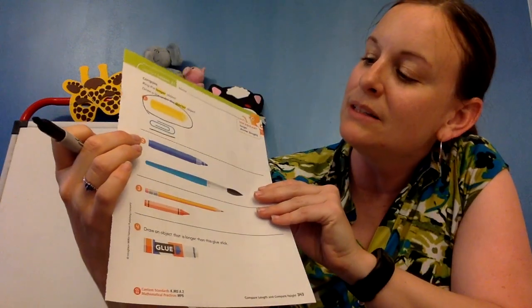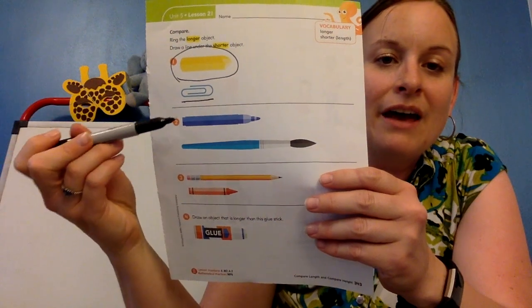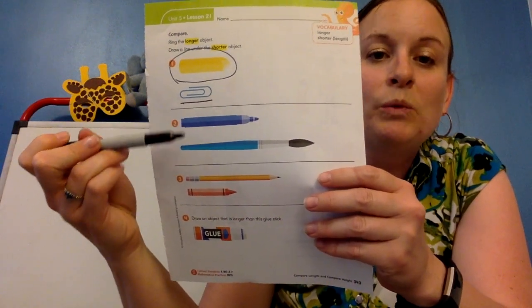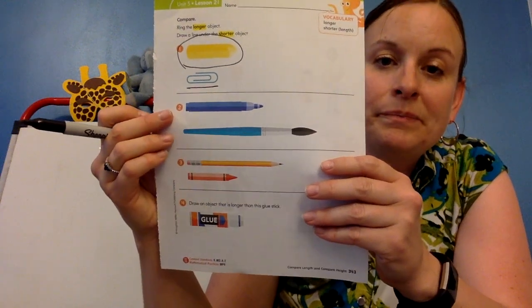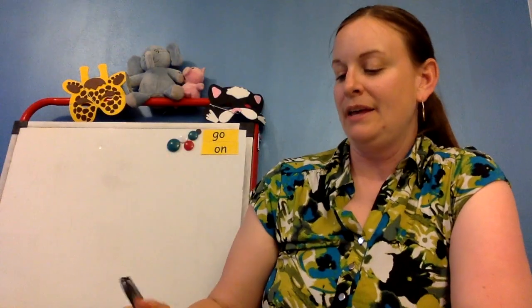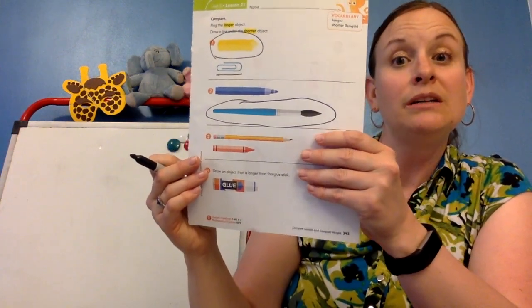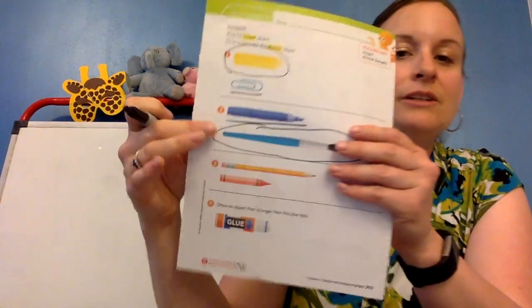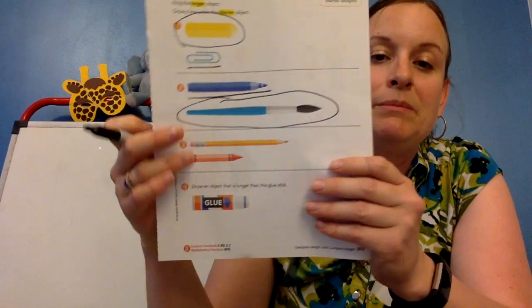Now we have this blue marker and a blue paintbrush. Notice that they have lined them up so we can compare them. Which one is longer? We would say the paintbrush is longer than the marker. So we would circle it. And if we were going to go the other way, I underlined the marker and we would say the marker is shorter than the paintbrush.